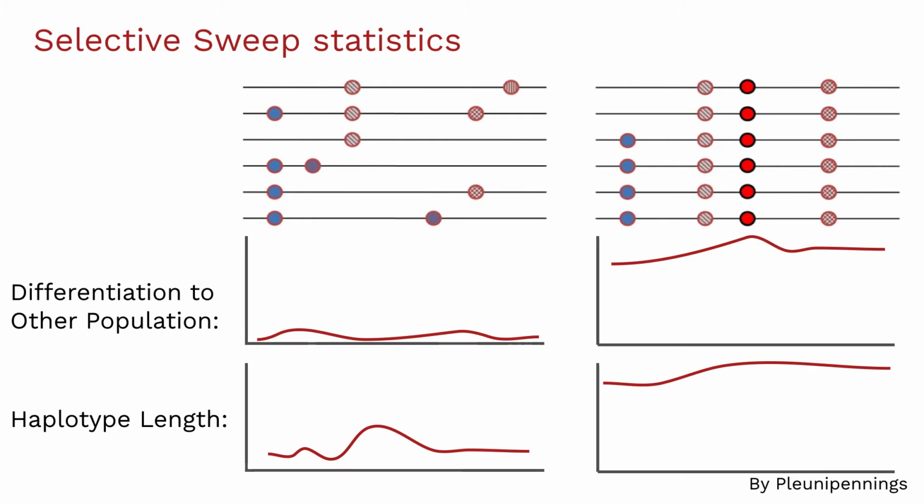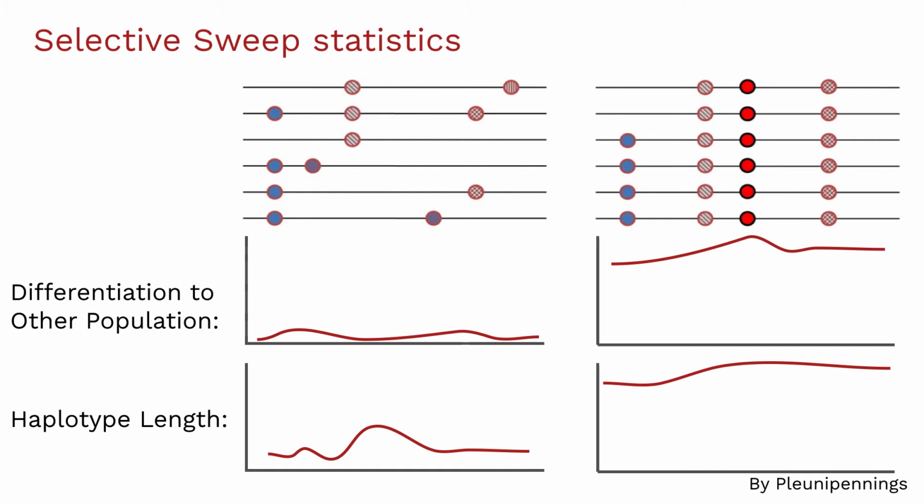On the bottom, another stat that's extremely powerful that we can use is to look at haplotype length. Haplotype length measures how many linked alleles are being inherited together. In the situation on the left, there are short haplotypes because there's been no selection, so things are just evolving neutrally and there's plenty of variation.